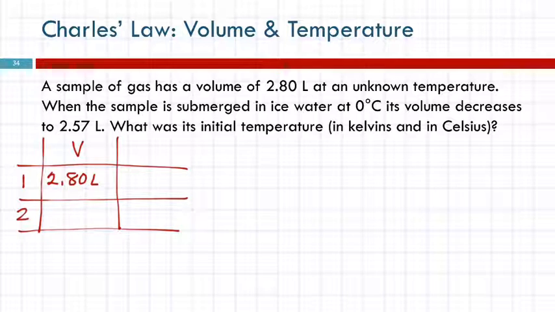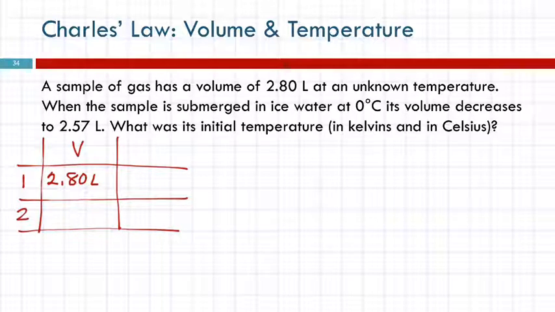So something's happened now, right? It was 2.8 at unknown temperature. We've done something to it. Now we've got 0 degrees Celsius, and the volume decreased to this. The 0 and the 2.57 go together. You see that?